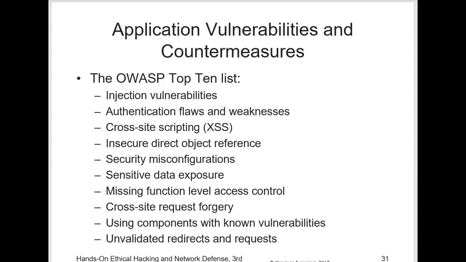Cross-site request forgery, as it's abbreviated, that's about cookies, right? So one of the things I like to do is limit the life of a cookie, right? So that it can't be copied and forged, used elsewhere, like it's me. Using components with known vulnerabilities is also on the top 10 list of OWASP.